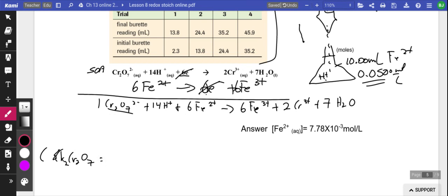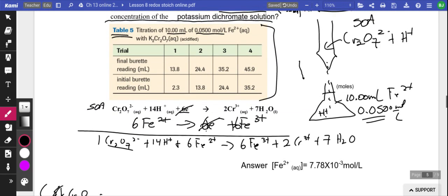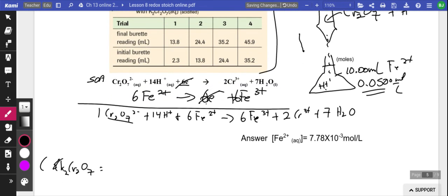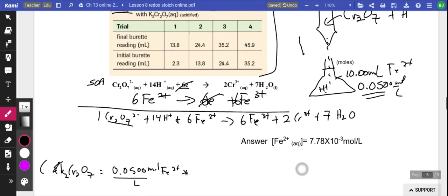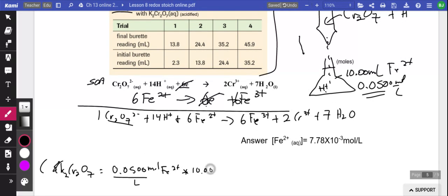Okay, start with the concentration and the volume of the chemical we know. So we are given the volume and concentration of iron 2+. 0.0500 moles per liter of iron 2+ times its volume, 10 mL. Okay, that gives me my moles. Perfect. Moles of iron 2+.